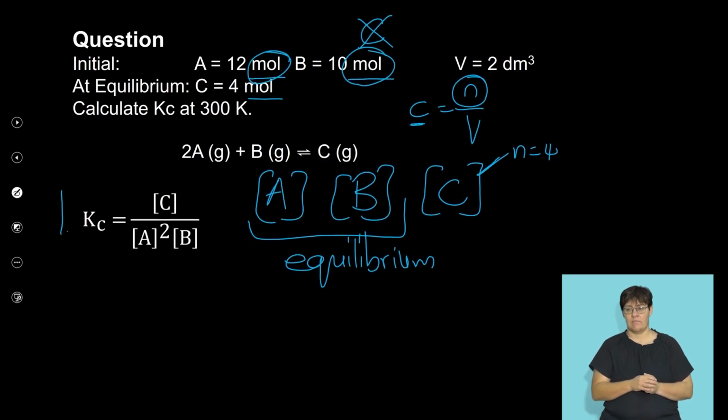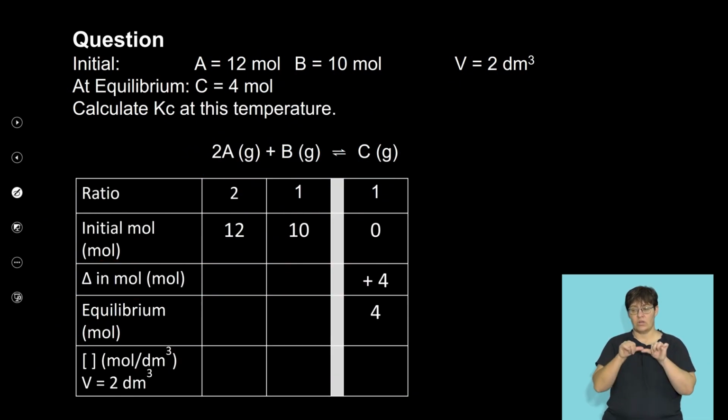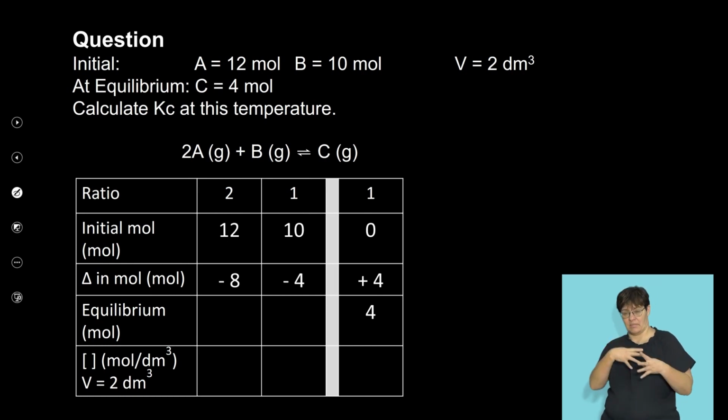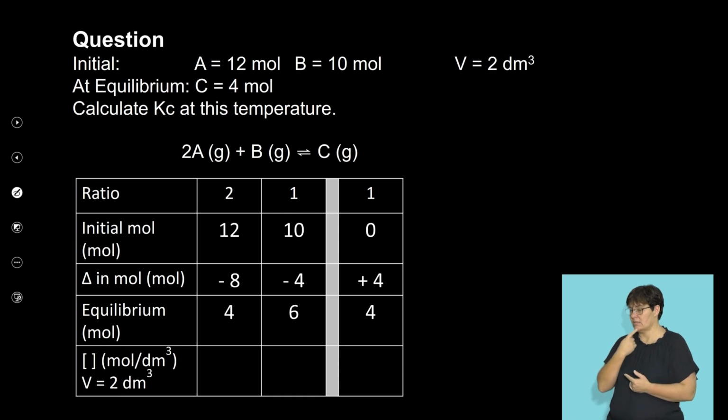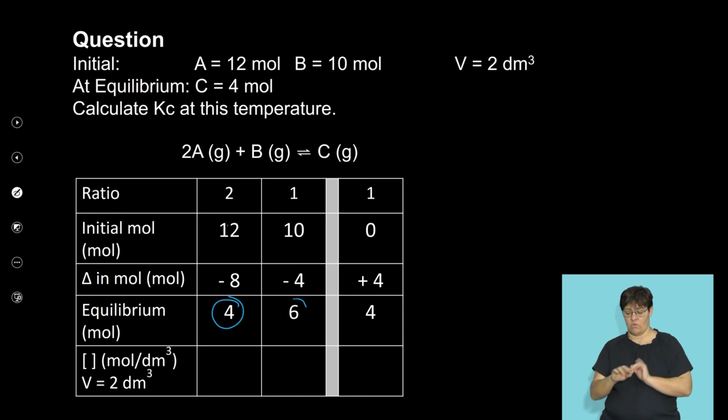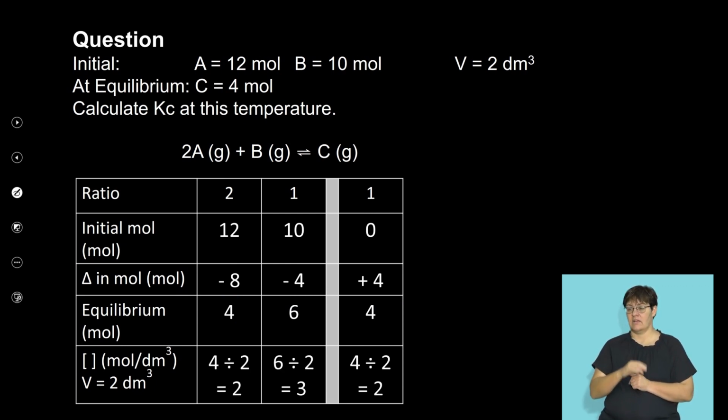Right. So if we look at the equilibrium constant and our RICE table, we can now say I have 12 minus 8, which is 4, and 10 minus 4, which is 6, and at equilibrium this was given. Now I know the number of moles at equilibrium, so I can work out c = n/V. We know V is 2, so it's 4 divided by 2, and 6 divided by 2, and this is my concentration at equilibrium.